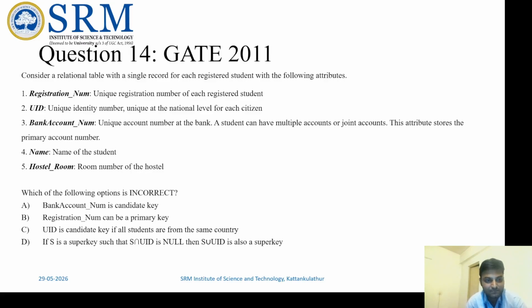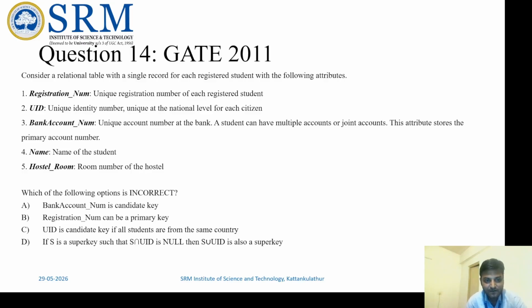Option D, if S is a super key such that the intersection of S and UID is null, then the union of S and UID is also a super key.